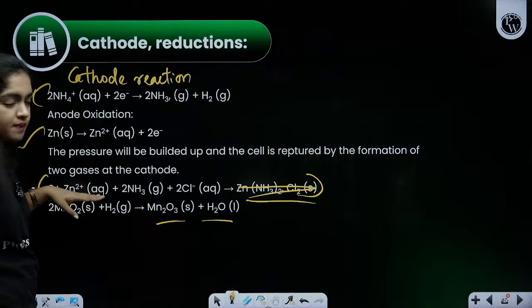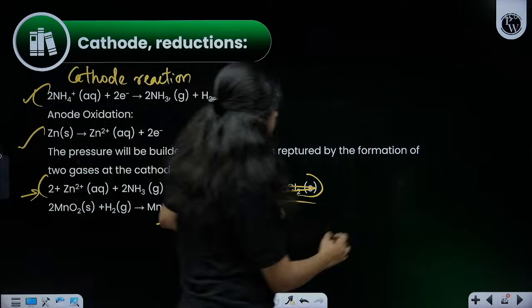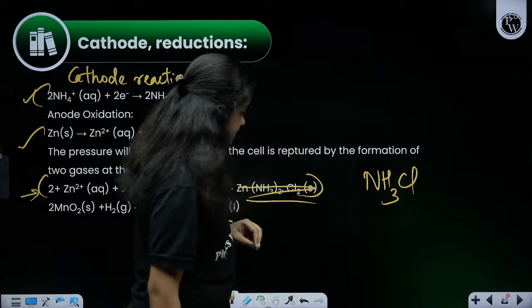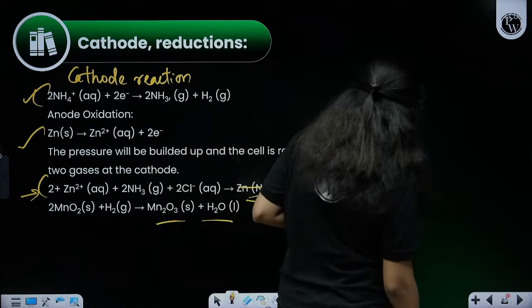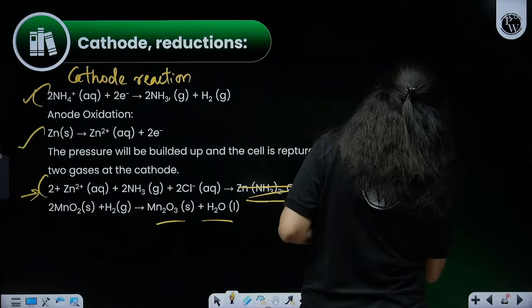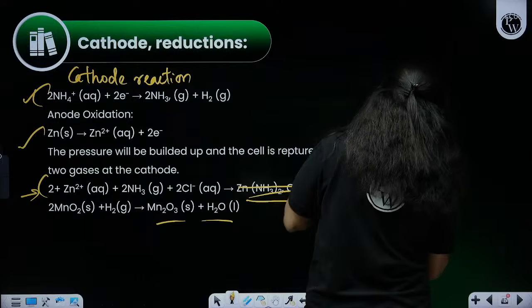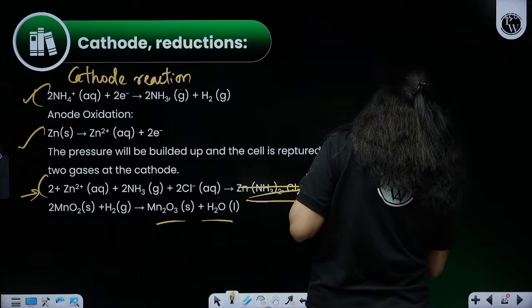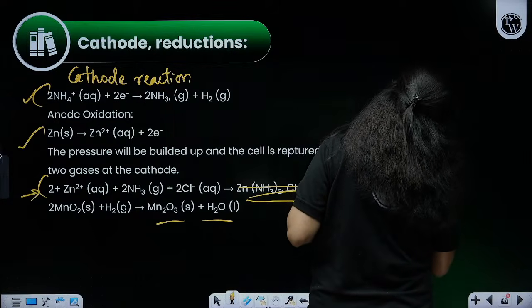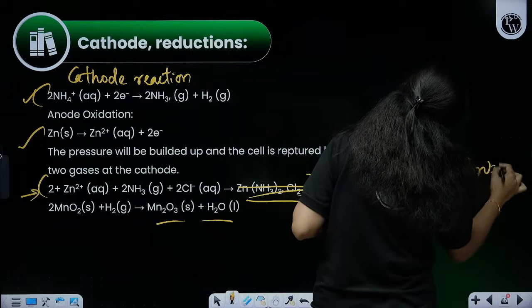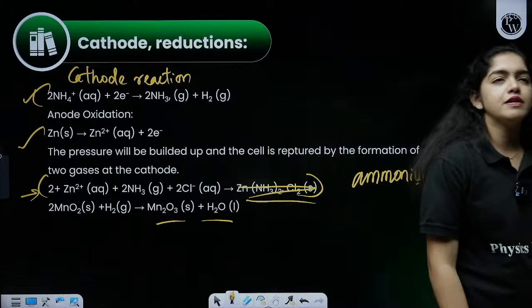There is a mistake in here. So we can write like, it will form ammonium chloride, NH4Cl. Ammonium chloride will be formed.